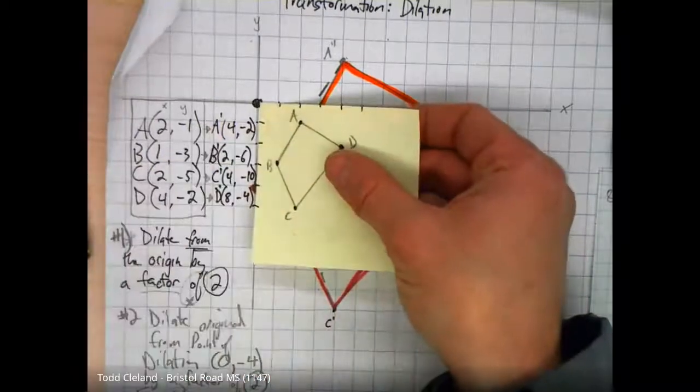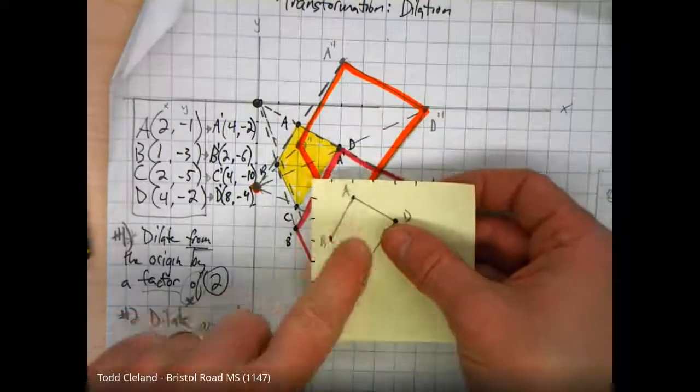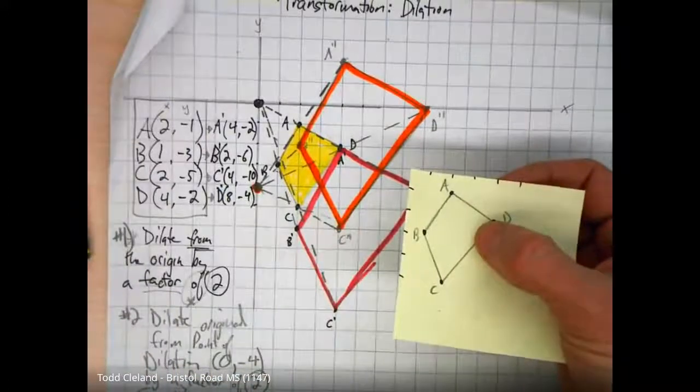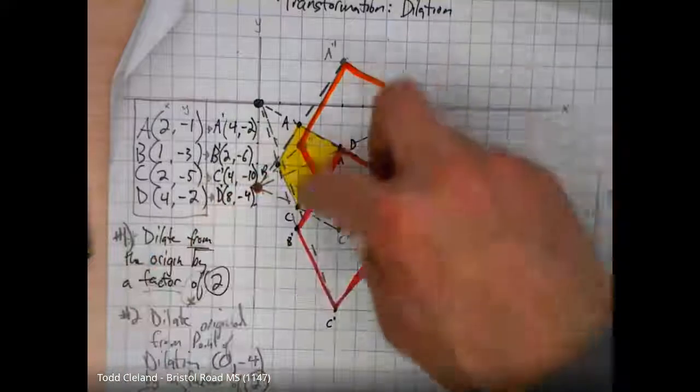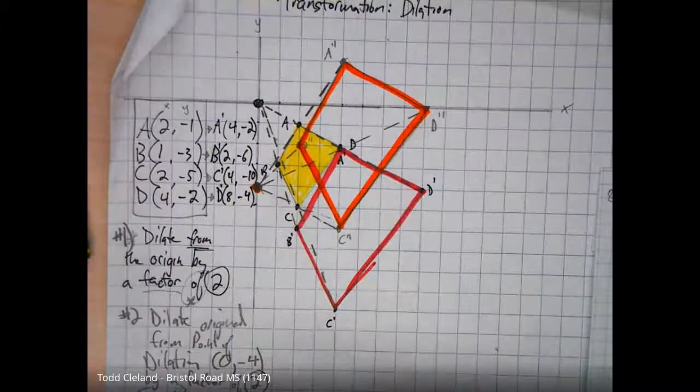Now, any guesses about how to make this the same size as either one of those? How would I make this the same size as this? From this perspective. It works really nicely from the camera, actually.